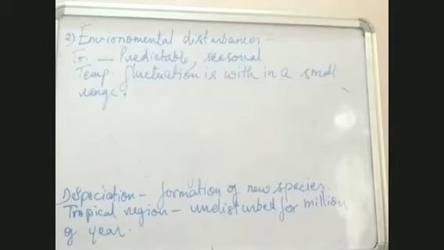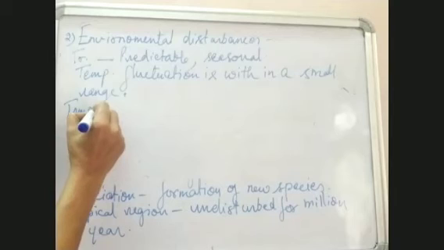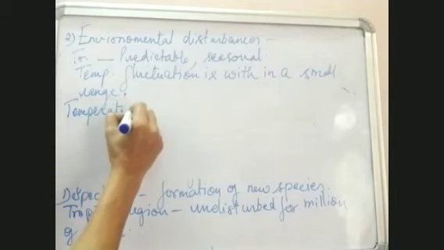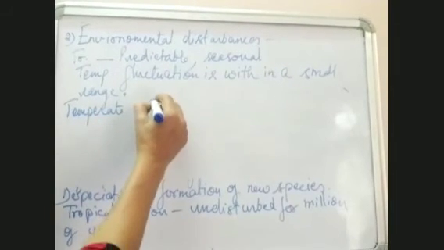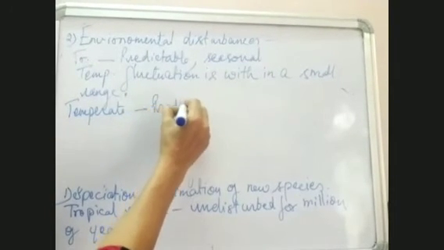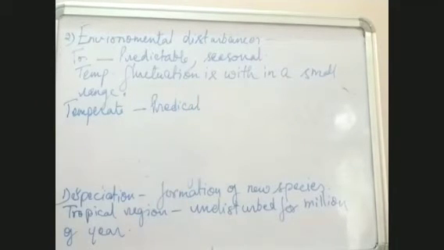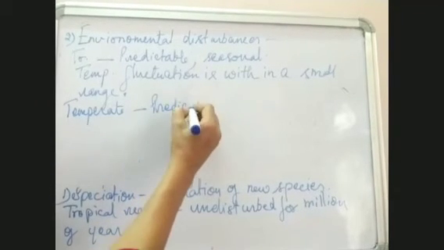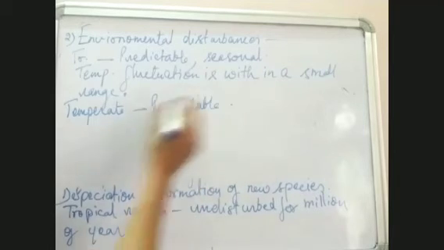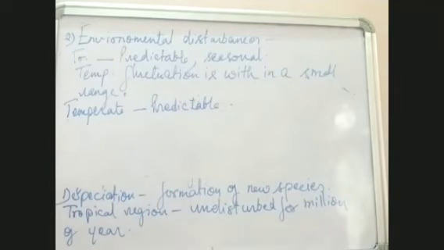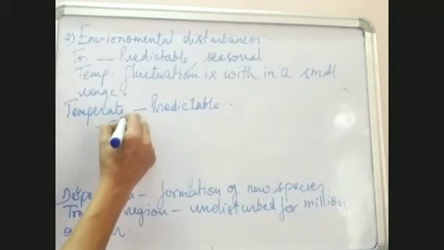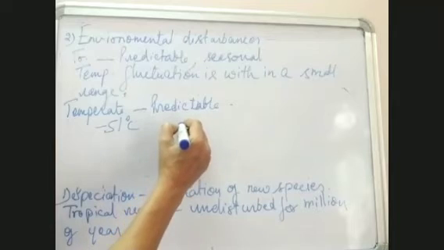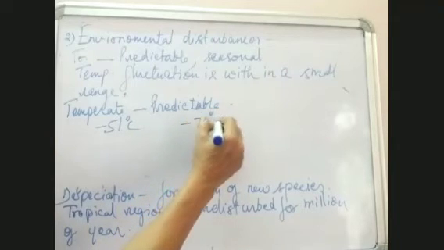Whereas in comparison to this, in the temperate regions the environmental conditions were not predictable. The temperature fluctuation is within a wide range. That means sometimes the temperature experienced is minus 51 degrees centigrade, sometimes minus 70 degrees centigrade.